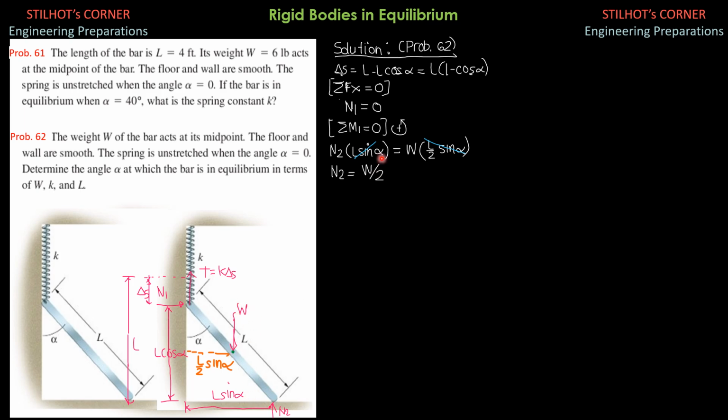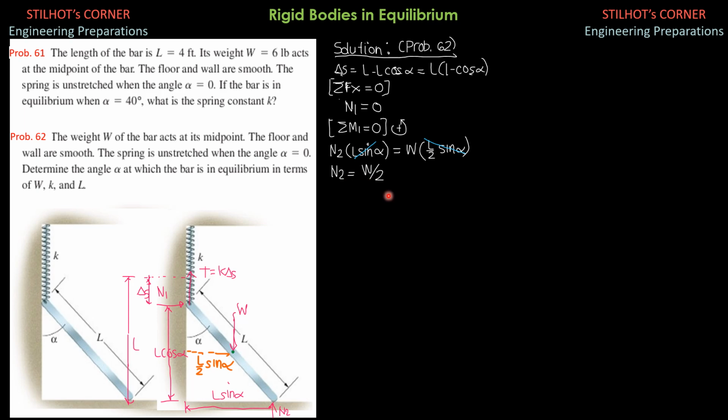I just transpose that negative W times moment arm to the right. So in other words, counterclockwise moment equals clockwise moment. This is the clockwise moment, W times L over 2 sine of alpha. So cancelling out L sine of alpha, then N2 is equal to W over 2.